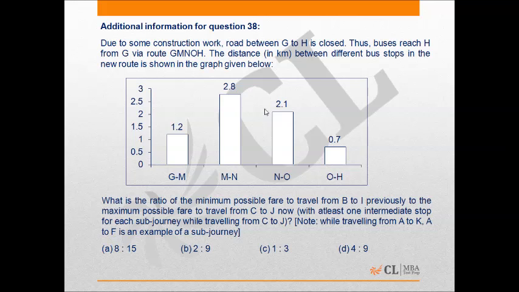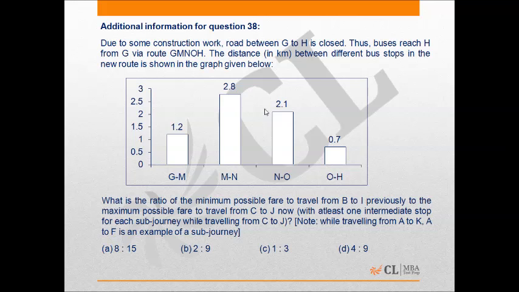now in order to travel from G to H we have to follow the given route, which is G, N and H. The distance between N and H is given as 2.8 kilometers, and that of G and N 4 kilometers.